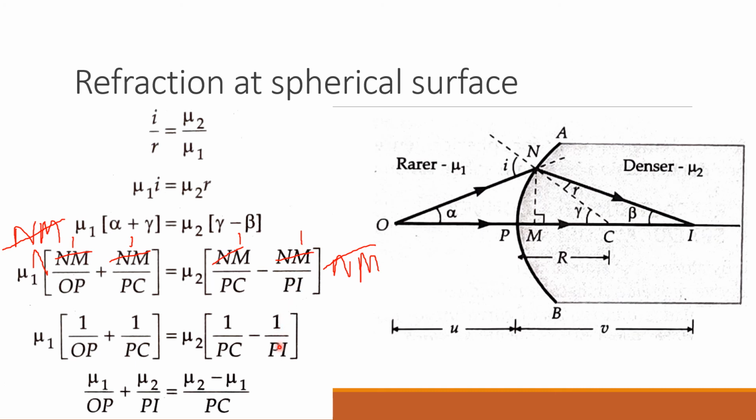Fine. Now let's open this bracket. If I open this bracket, mu1 times 1 by OP is mu1 by OP.